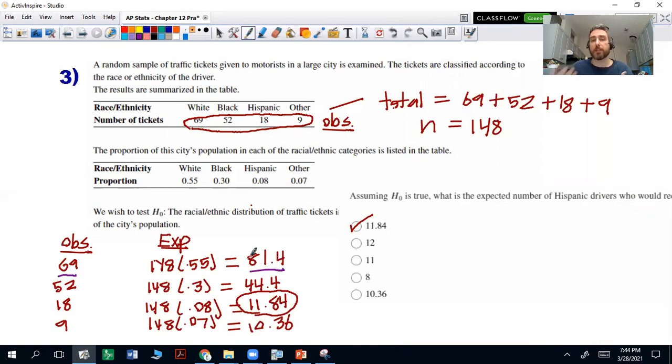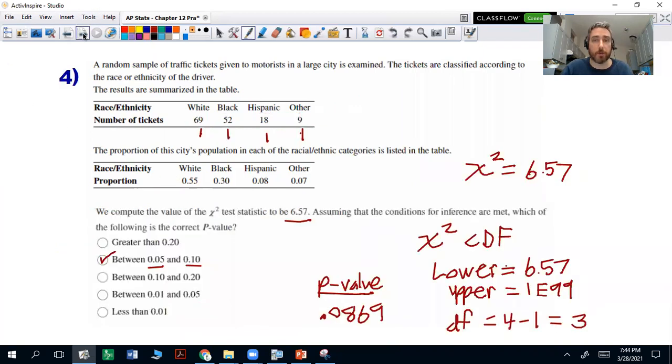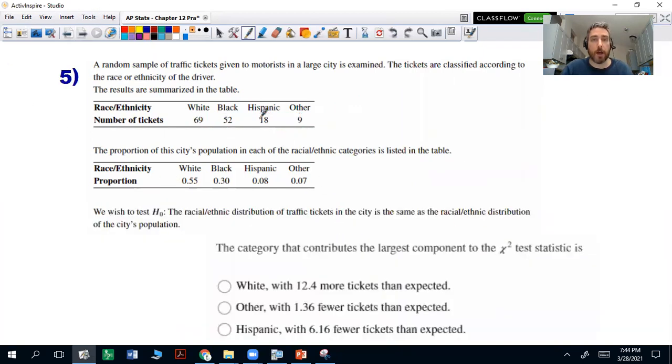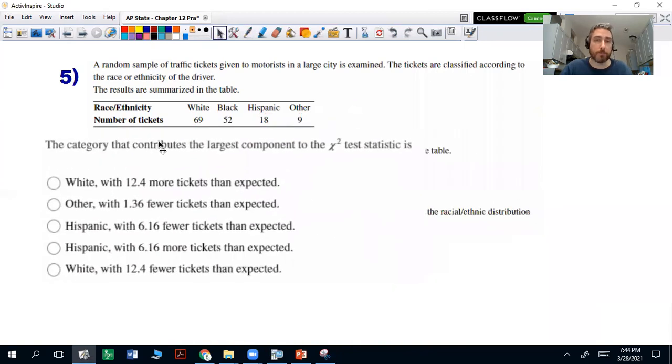But that's not the biggest contribution to chi-squared, because remember the chi-squared formula is observed minus expected, squared, divided by expected. When we divide by the expected, it's actually a smaller contribution than some of the other categories. You can do it by hand.